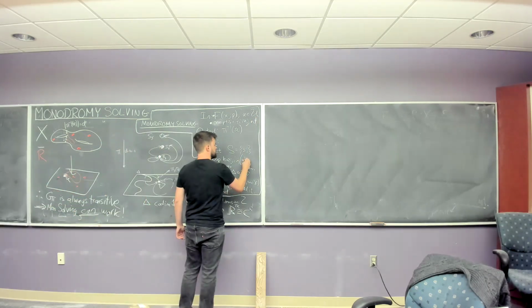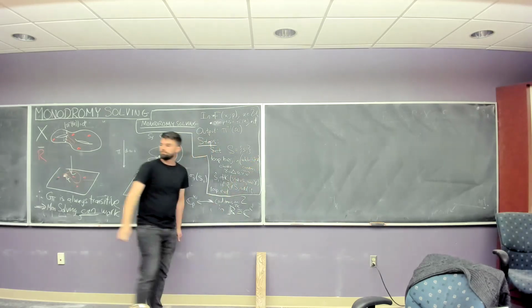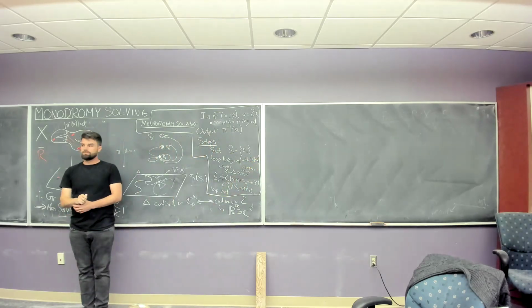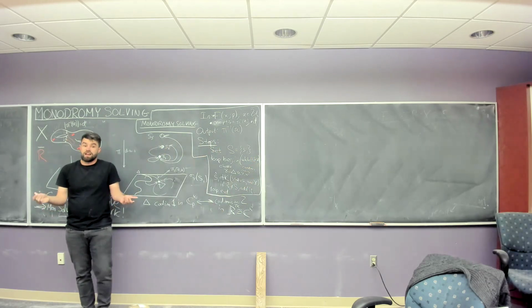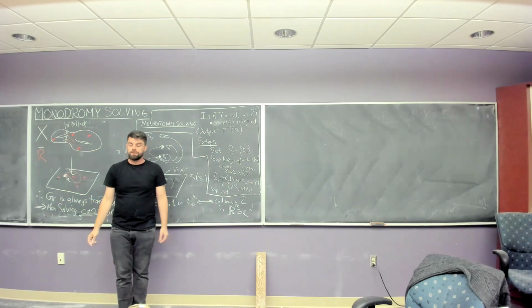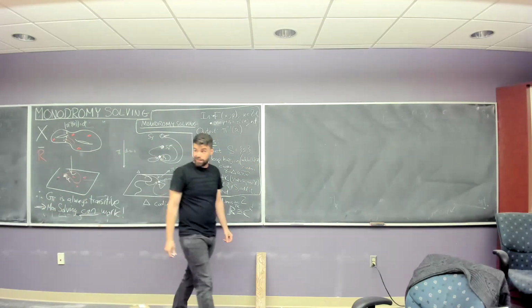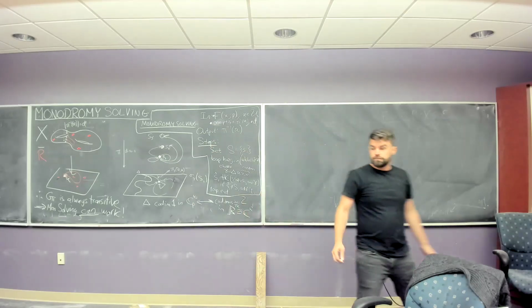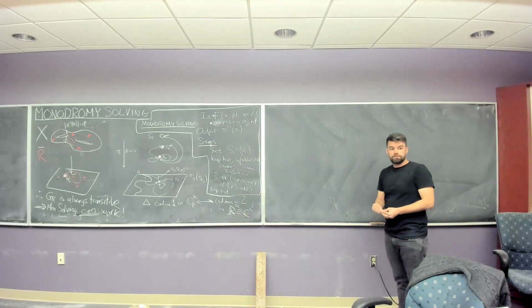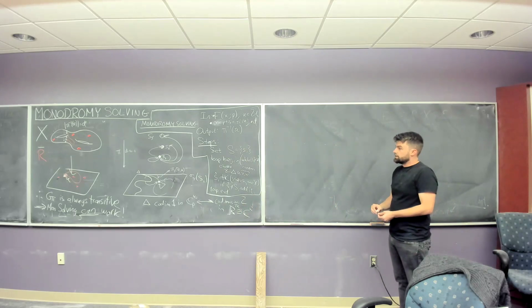So this will be: while the size of S is not d yet. In other words, Kate said, how do I know when to stop? Well, I know there's 100 points because that's part of the input. Then I stop when I get 100 solutions. That's a good stopping criterion.